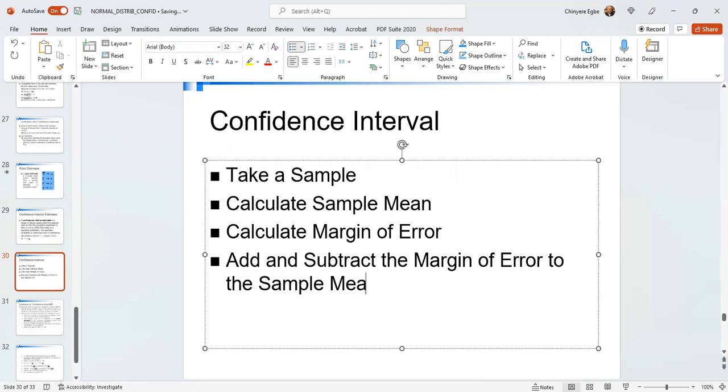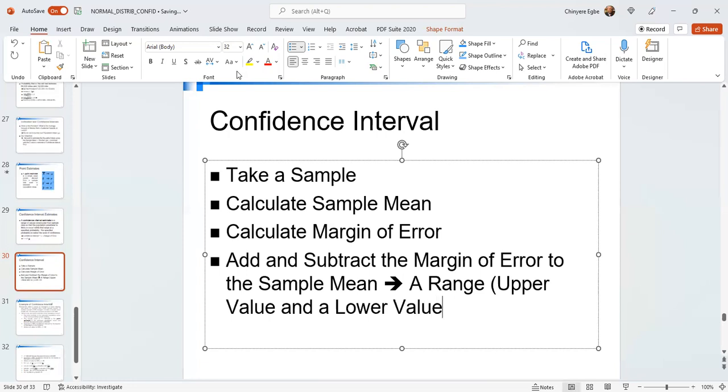From the sample mean, this is going to give you a range. A range means there's an upper value and a lower value. So you're going to say to yourself, I don't know what the true population mean is, but based on my confidence interval, it's going to be between 10 and 20.